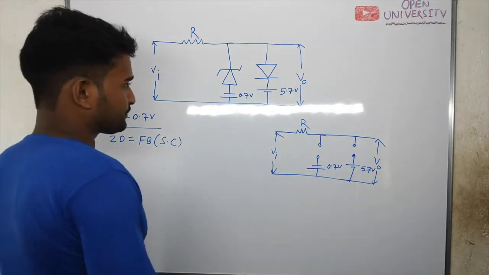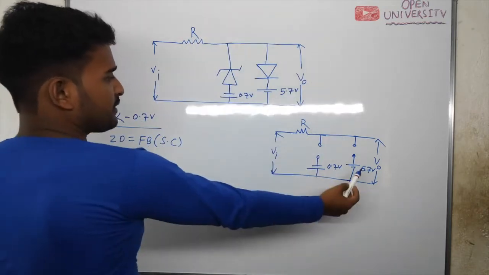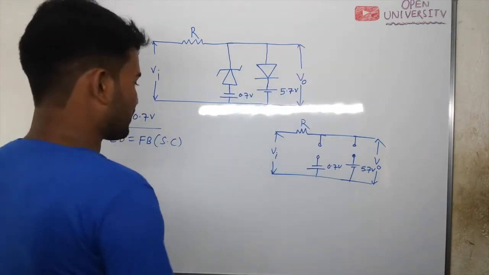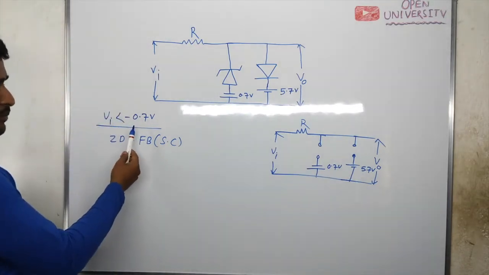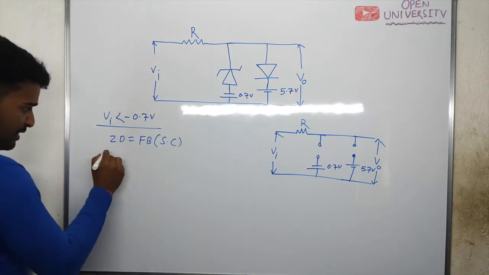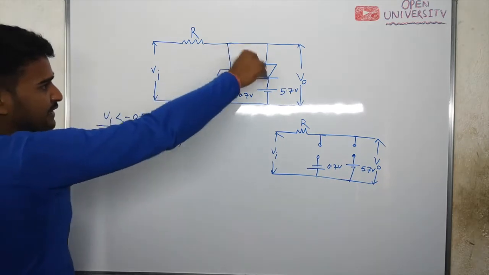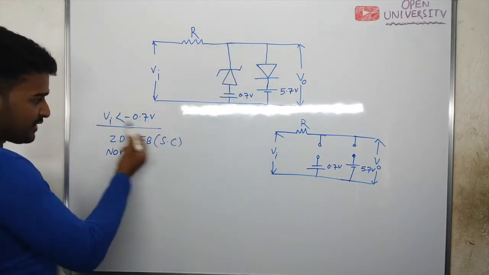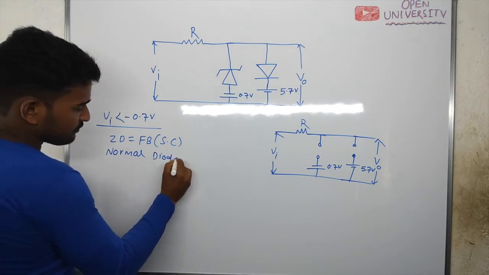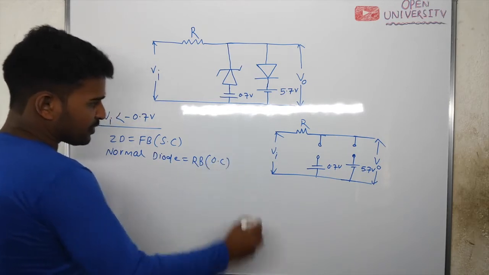Now what about this normal diode? The normal diode will be forward biased if input voltage VI is greater than 5.7 volt, but here VI is less than minus 0.7 volt. So the normal diode becomes reverse biased. It will become forward biased only if input voltage is greater than 5.7 volt, but it is less than 5.7 volt, so we will replace it with an open circuit.